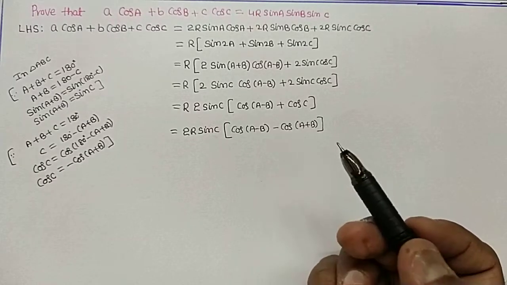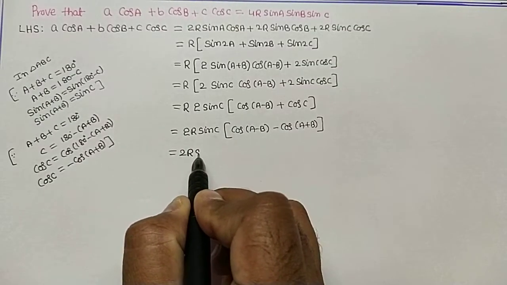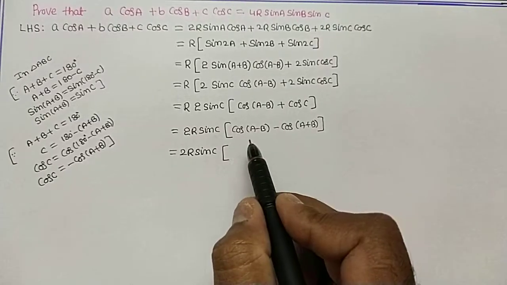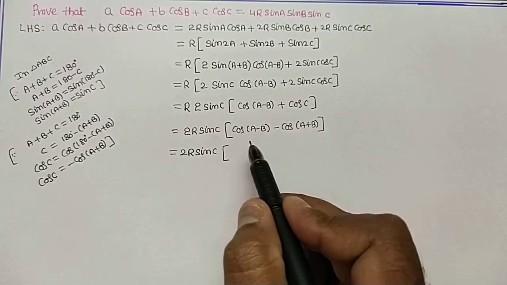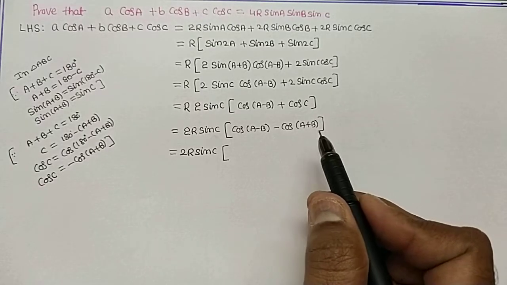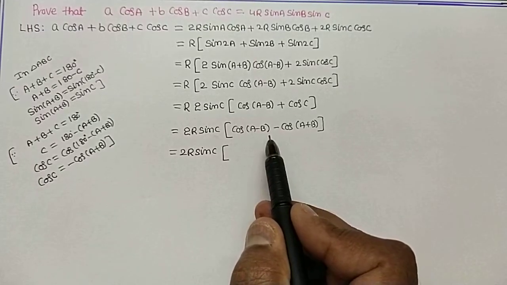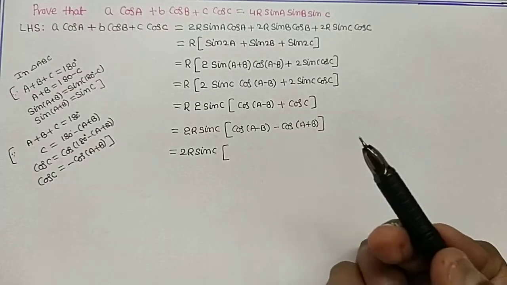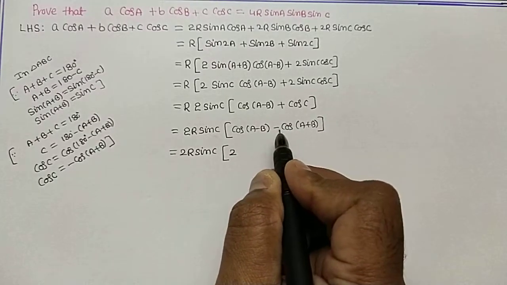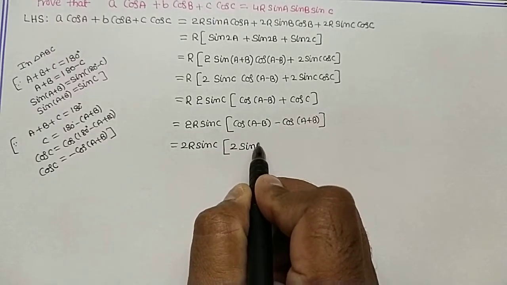The remaining terms will become 2 sin A sin B. So 2R sin C. Those who are not able to remember the formula, cos of A minus B minus cos of A plus B is equal to 2 sin A sin B: write the cos of A minus B formula, minus the cos of A plus B formula, and then simplify. Here I am writing directly that cos of A minus B minus cos of A plus B is 2 sin A sin B.